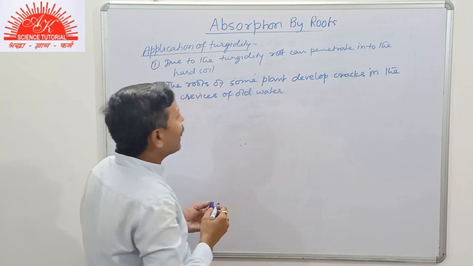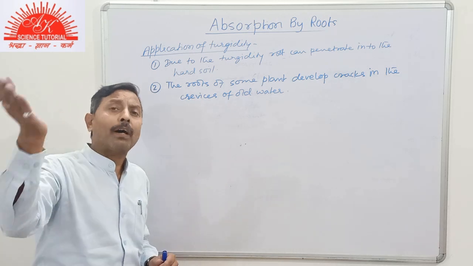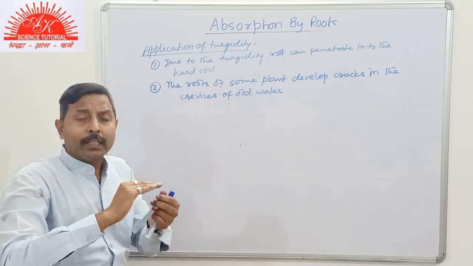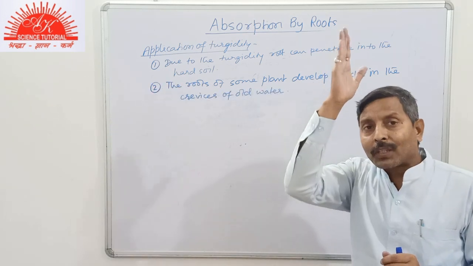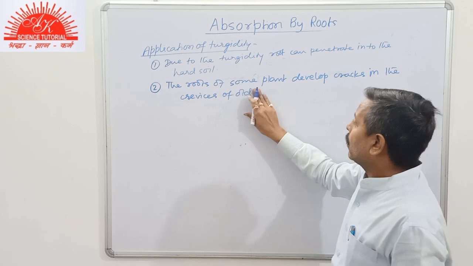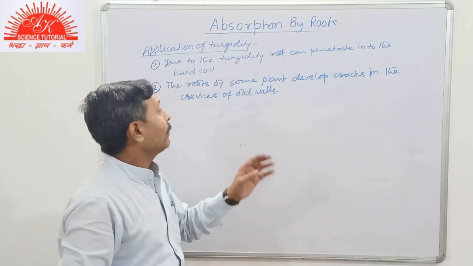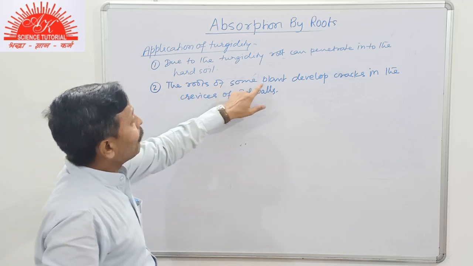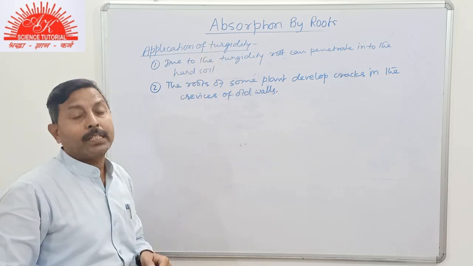Suppose if a small crack or a small gap is there in the old wall, and some seeds carried by the wind, by the air, germinate there. Gradually it grows, increases in size, and due to the turgidity, the root develops cracks in the old walls. So in normal condition, it will not be able to develop any kind of cracks in it, but the roots of some plants develop cracks in the crevices of old walls due to the turgidity.